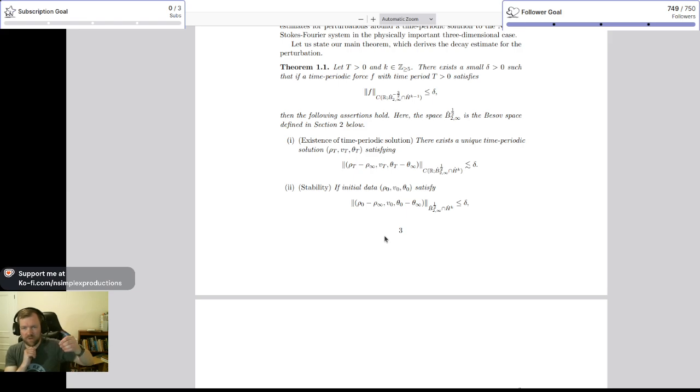We pick a value rho_0, v_0, theta_0 such that we could move that thing ever and ever closer to what turns out to be rho_infinity, 0, theta_infinity. And if we get closer and closer to that thing, then yes, it will be considered a stable point.